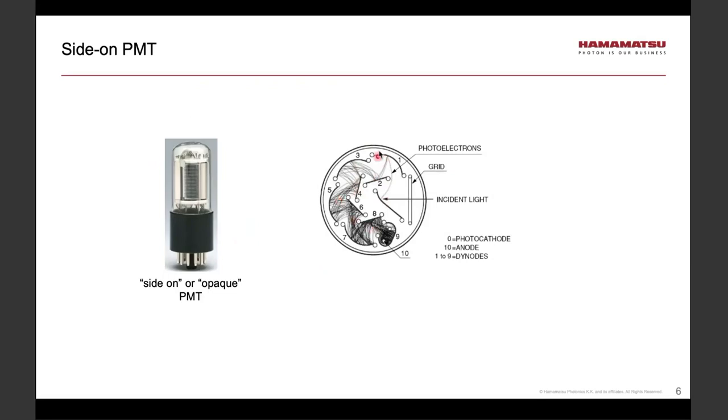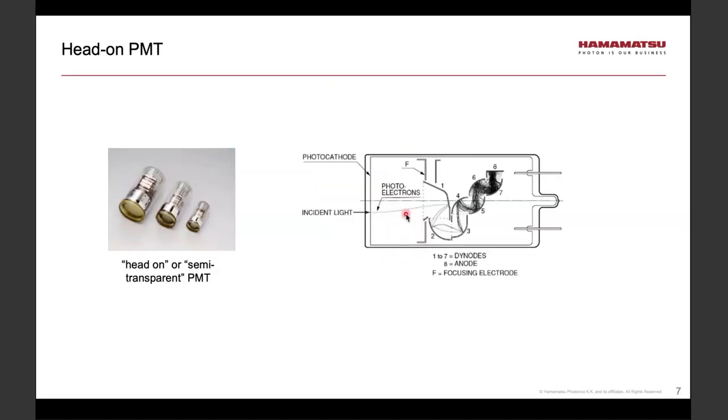So this is actually a realistic depiction of the PMT. Now, another common design is known as head-on PMT. Again, a portrait of such PMTs is on left-hand side, and on right-hand side, again, we have a computer simulation of the paths of electrons in this particular type of a PMT.